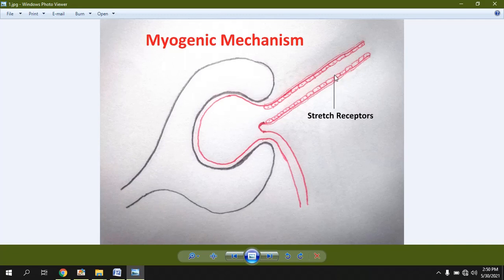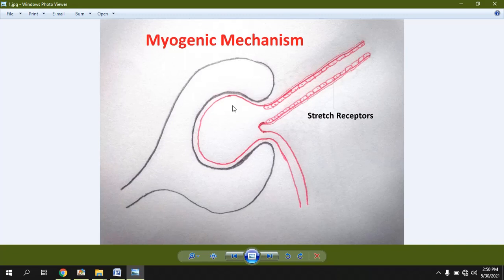Those stretch receptors contract these myocytes. When the myocytes and the afferent arteriole contract, what happens? The amount of blood which goes to the glomerulus is decreased. The diameter of this afferent arteriole is decreased, so the amount of blood which goes into the glomerulus is decreased.